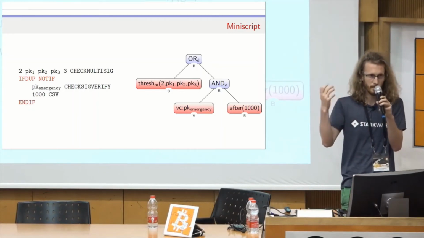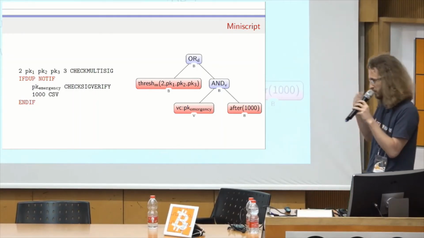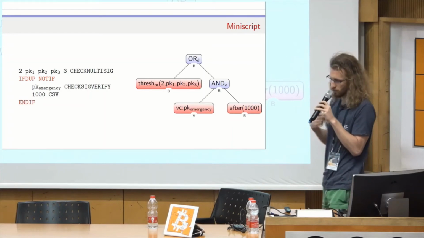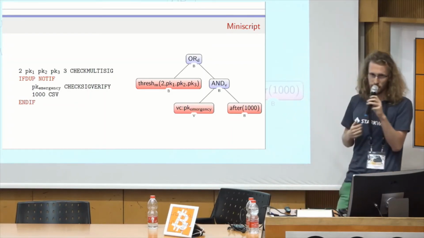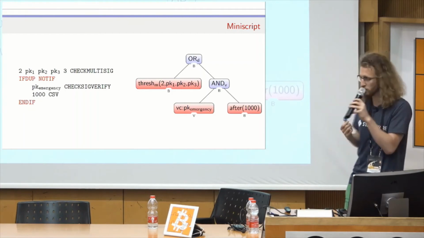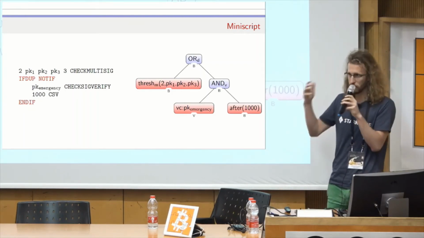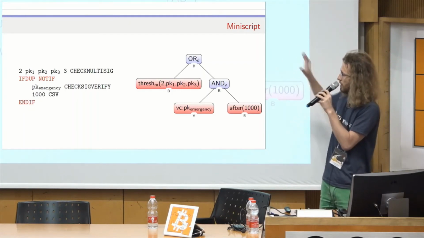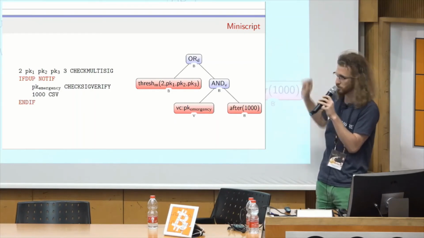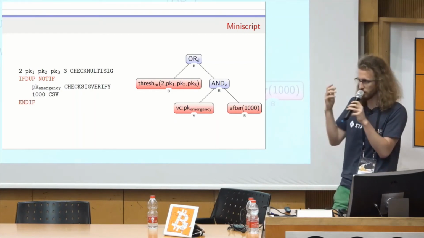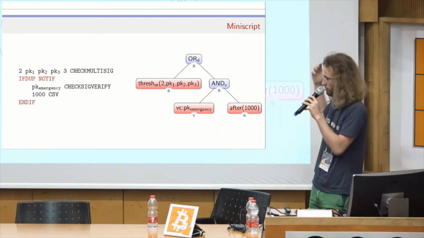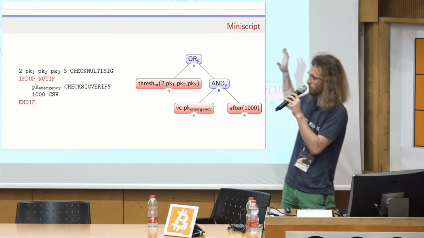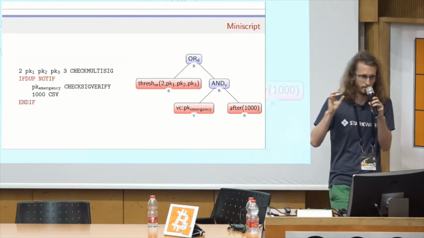If you have some set of data, keys that you can sign for, or pre-images to hashes, or you happen to know what age your transaction is, so you can satisfy certain time locks. How can you estimate fees? How can you estimate resource usage? How does your policy change as different time locks become available? All these sort of questions become very easy to answer with MiniScript for pretty much arbitrary policies.